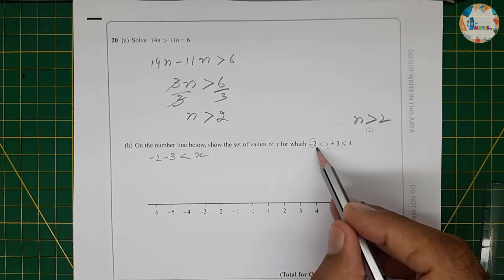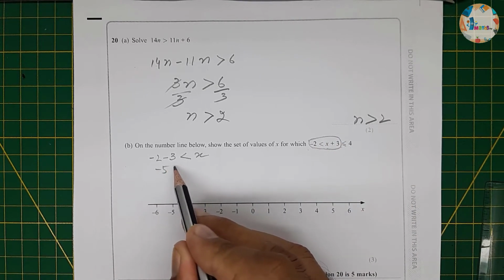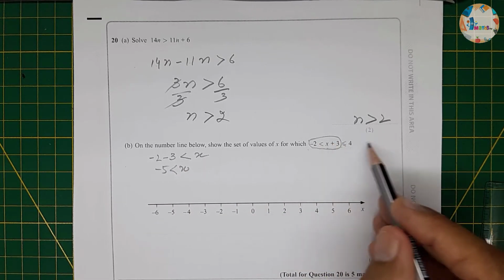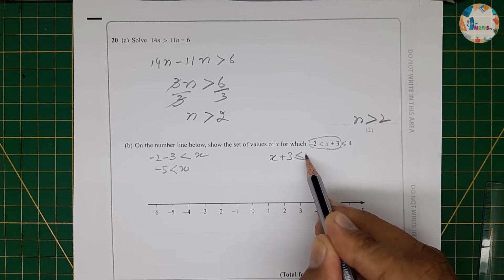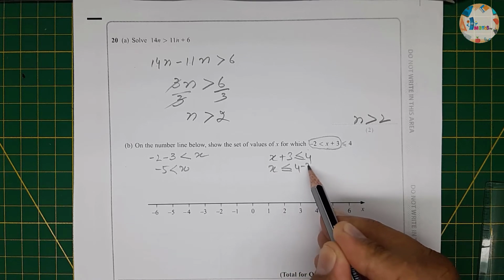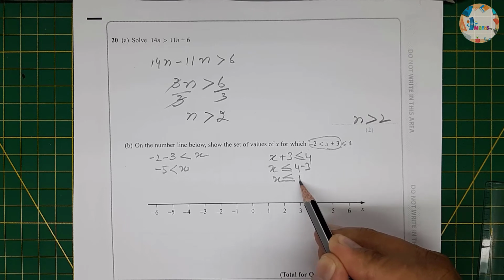We have taken this part and solved, and this will be -5, so x is greater than -5. Now we can solve the other part, which is x plus 3 is less than or equal to 4. 3 we can shift to the other side, so x is less than or equal to 4 minus 3, so x is less than or equal to 1.